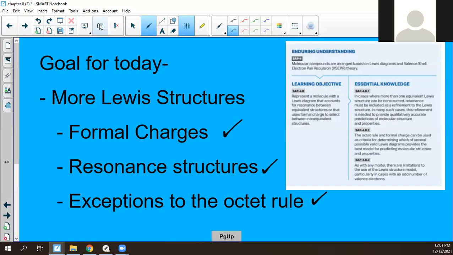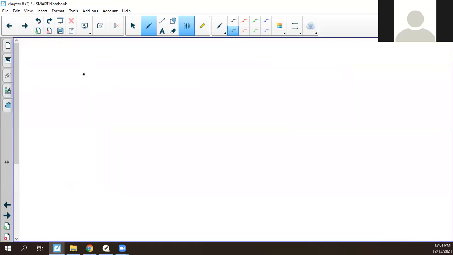Let me just do this. So if we have CO2, and we want to draw the Lewis structure for it, we would follow the rules. We would first count up all the valence electrons that are there total. So the carbon first, I know I said oxygen. It's in family 4, so it has 4 valence electrons.